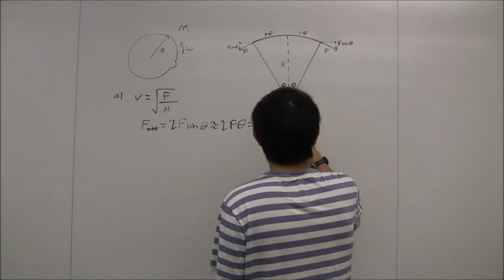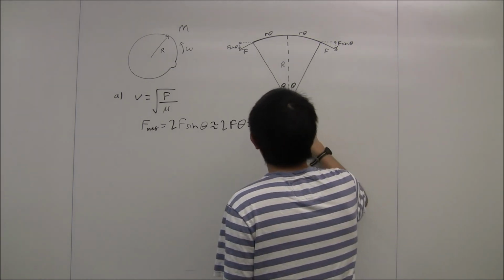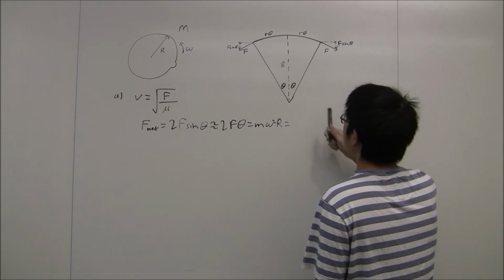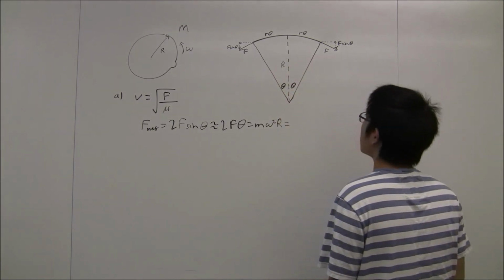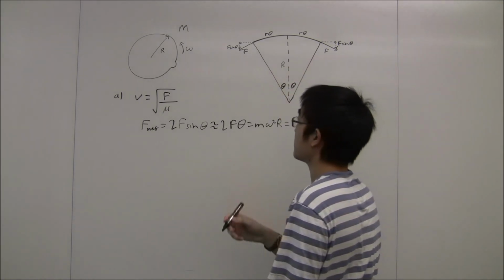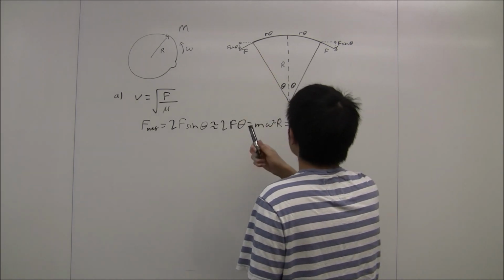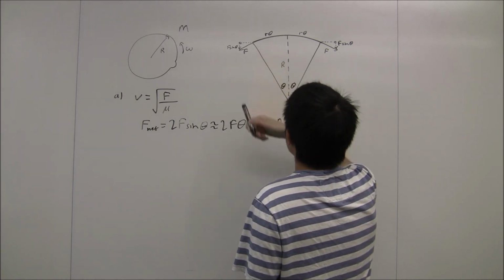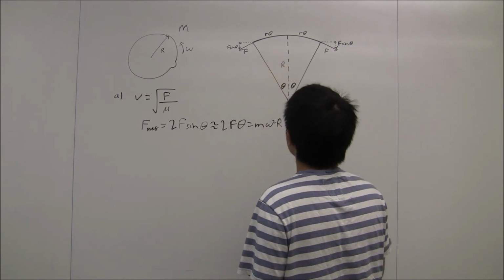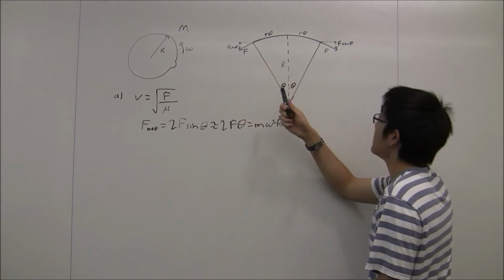So here you see that the mass is going to be given by the length of the arc times the linear mass density. So by geometry of a circle, the arc length is going to be given by R theta.